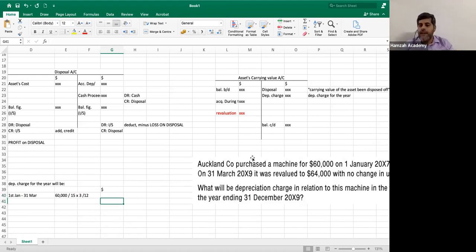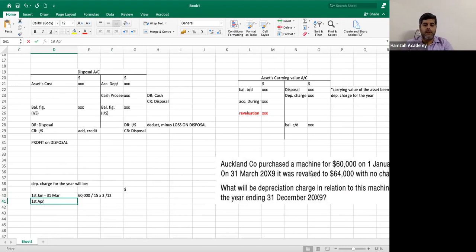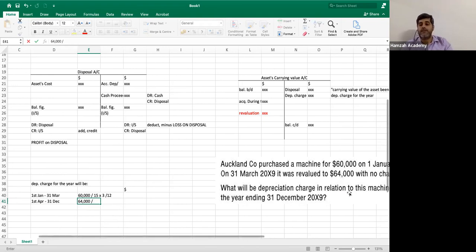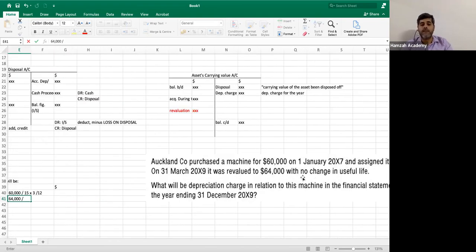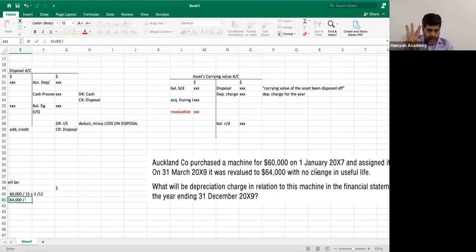Then the asset is revalued, and it is revalued at 64,000. So from 1st April till 31st December, the asset is 64,000 divided by the remaining life, which you have to calculate, because there's no change in the useful life of the asset. So from January 20X7 to March 20X9, 2 years and 3 months have passed.